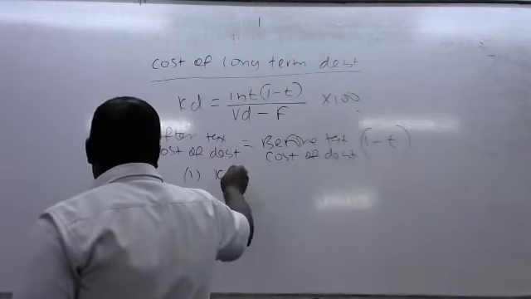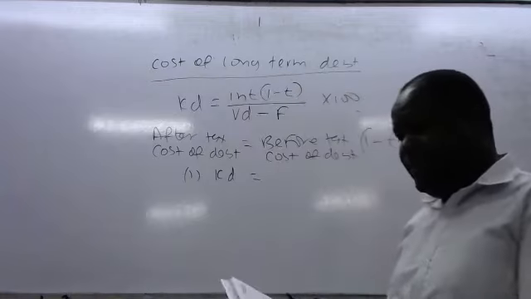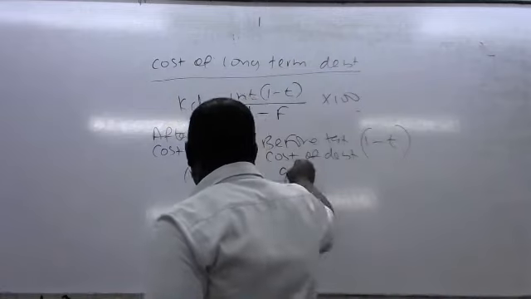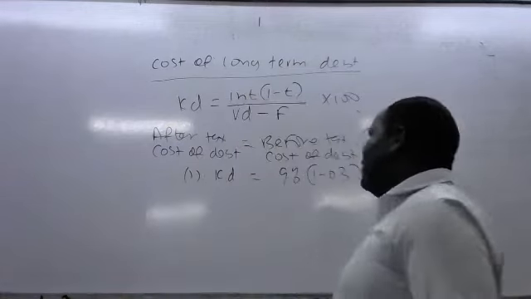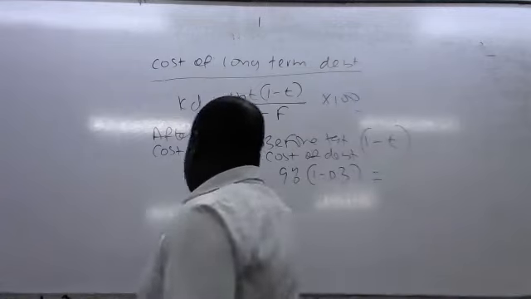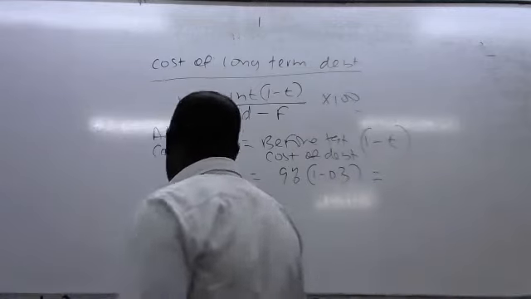So the first KD is the one of the 9% debt. Just take the 9%, then you tax it like that. You just take the 9% net of the tax. The second KD is the one for the 11%.